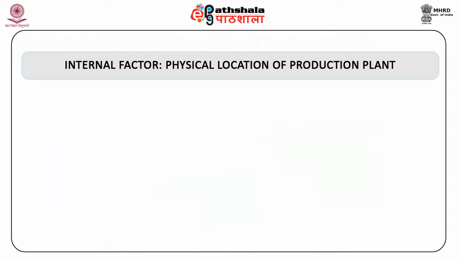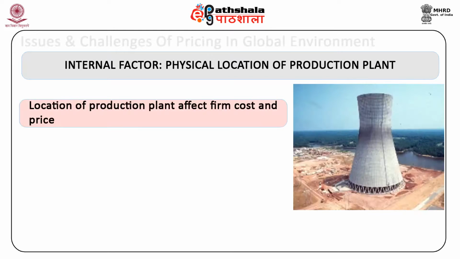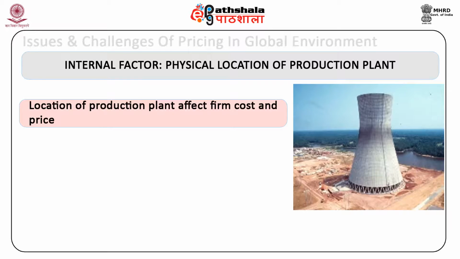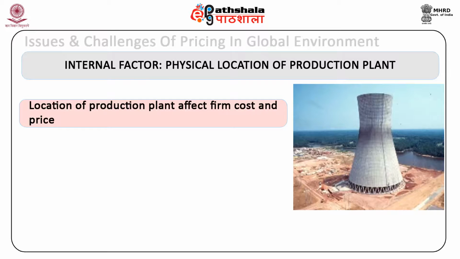Fourth internal factor is physical location of production plant. The location of production plant determines the extent to which a firm can control costs and price its products fairly.